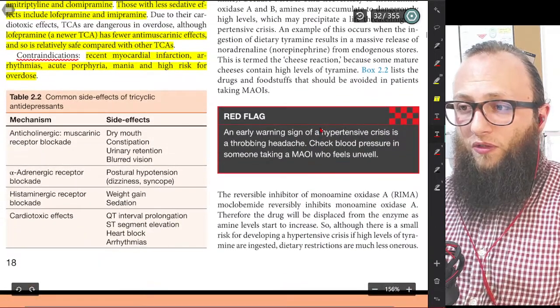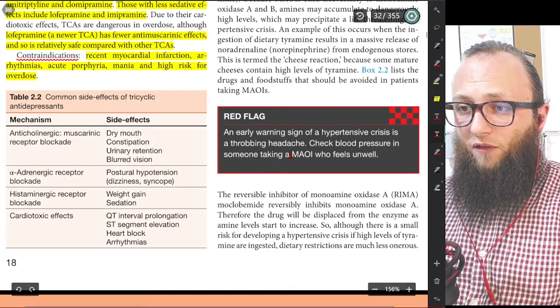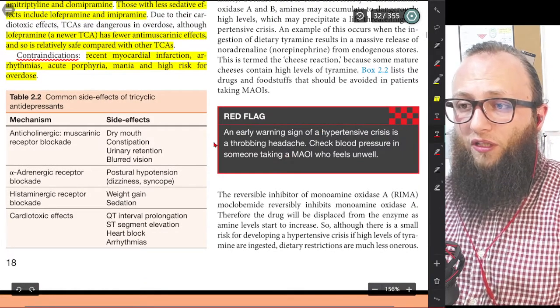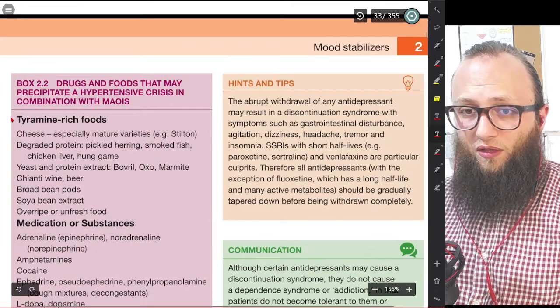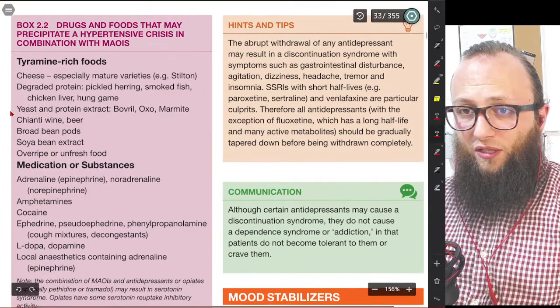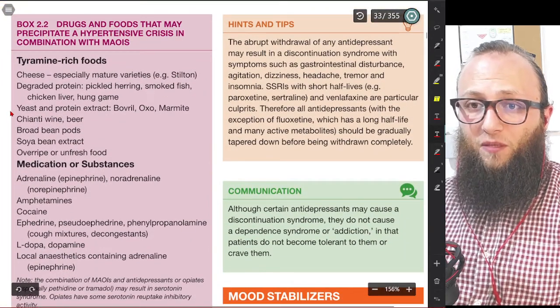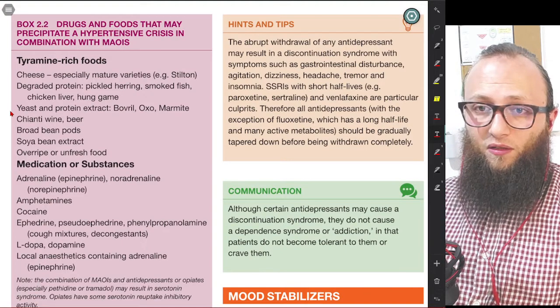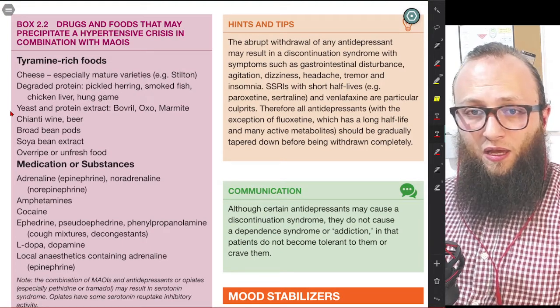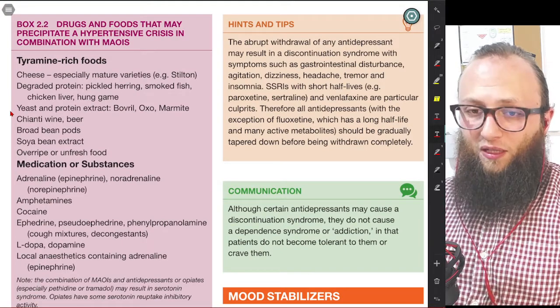We have a box that lists the drugs and foodstuffs that should be avoided in patients taking MAO inhibitors. These are drugs and foods that may precipitate a hypertensive crisis in combination with MAO inhibitors, and we must avoid them.